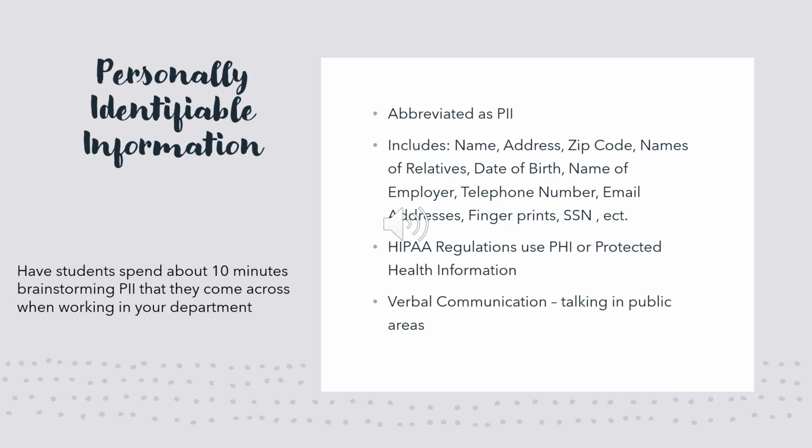It is important to understand the types of PII because students will need to know what information they can and cannot give out. Students will not be able to disclose any personally identifiable information such as their name, address, zip code, names of relatives, date of birth, name of an employer, telephone number, email address, fingerprints, social security number, etc. to anyone.